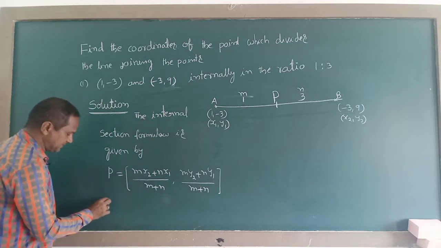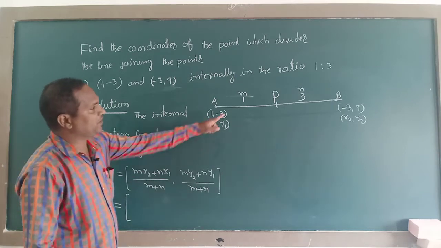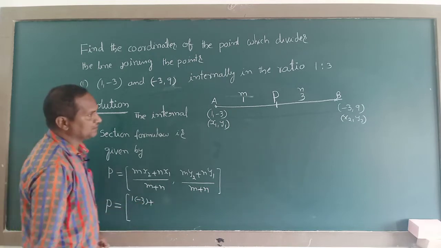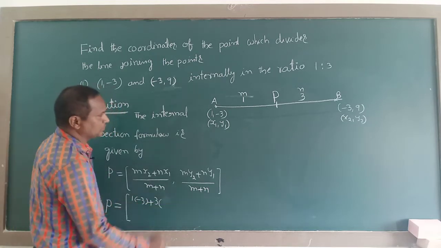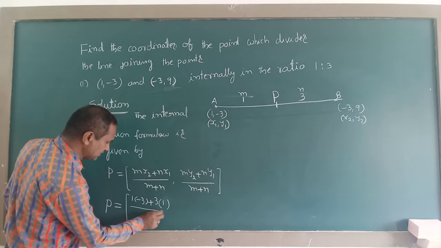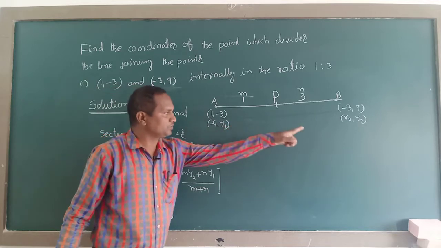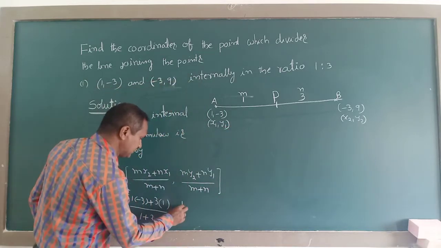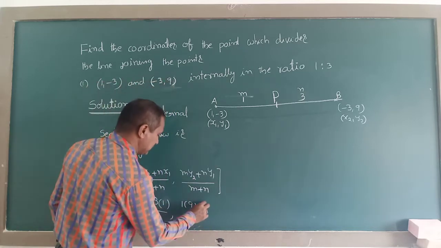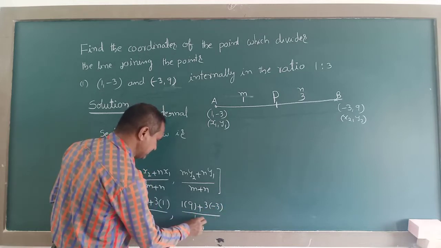So P is equal to m value 1 into minus 3 plus n value 3 into x1 value 1, whole divided by 1 plus 3, comma, 1 into 9 plus 3 into minus 3, whole divided by 1 plus 3.